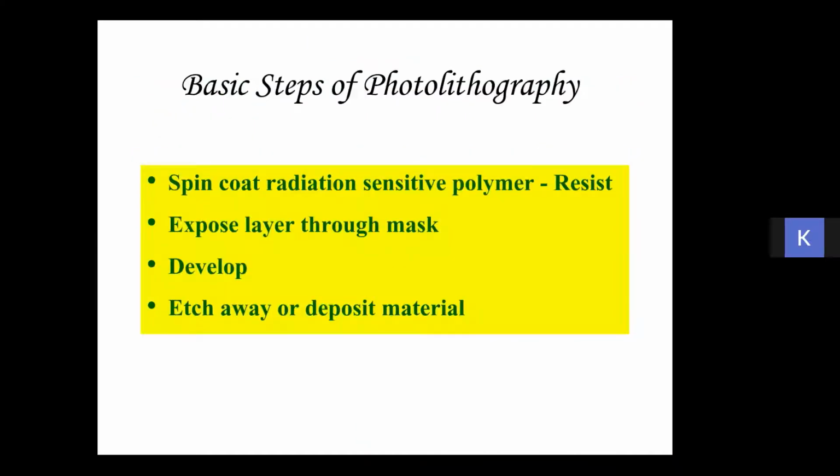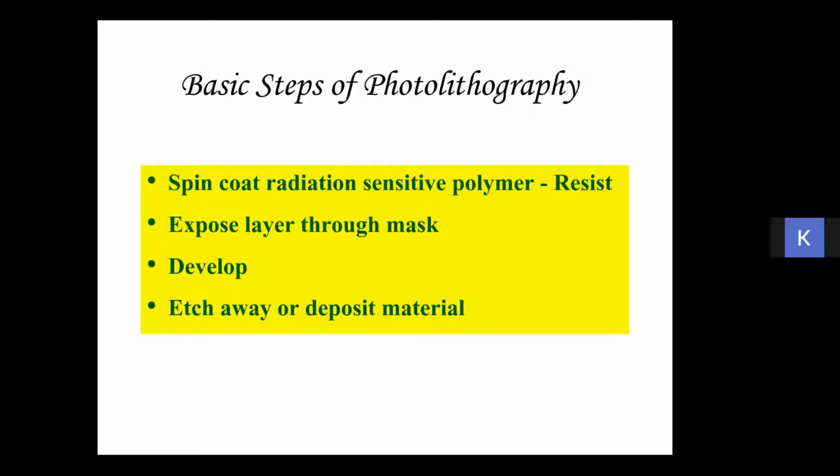Okay. So what are the basic steps for photolithography? As with any other process we normally see, there are some steps that we have to follow. The first step is the coating of a sensitive polymer, which we call resist, on your substrate or wafer.